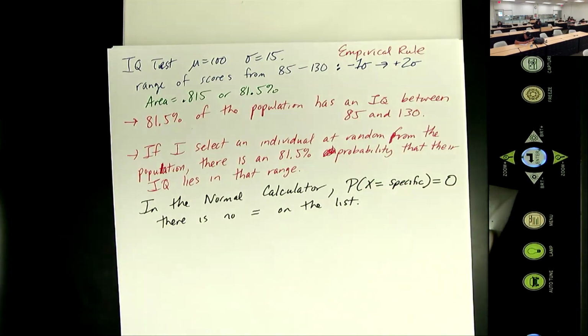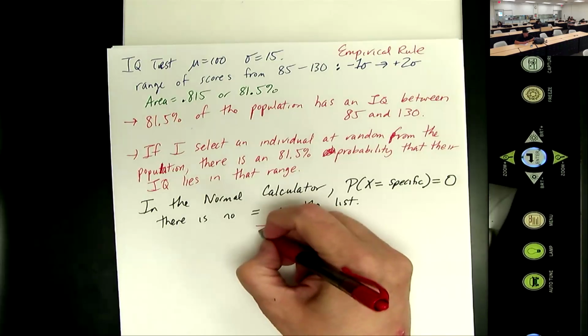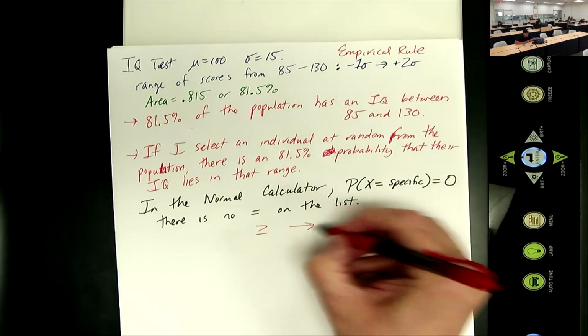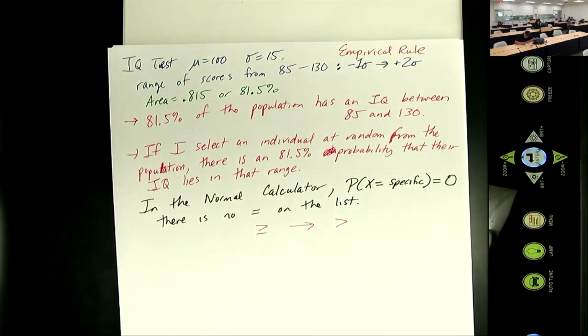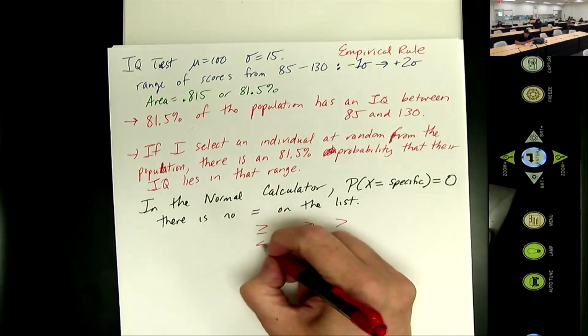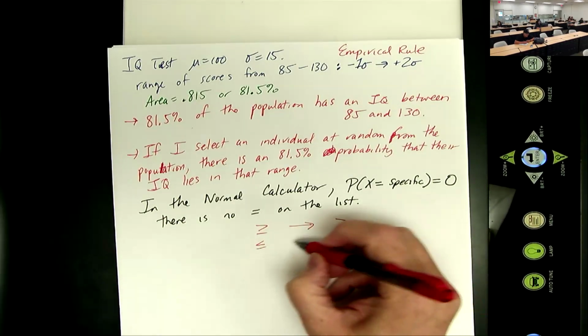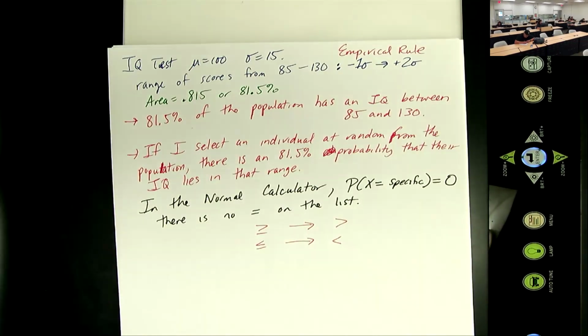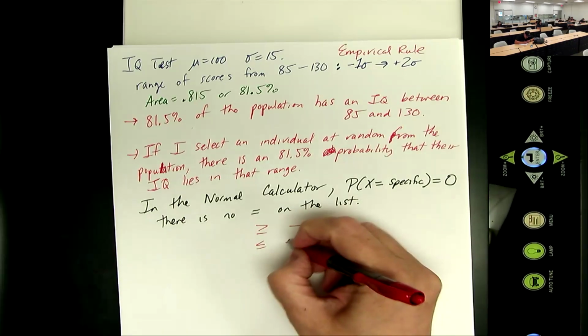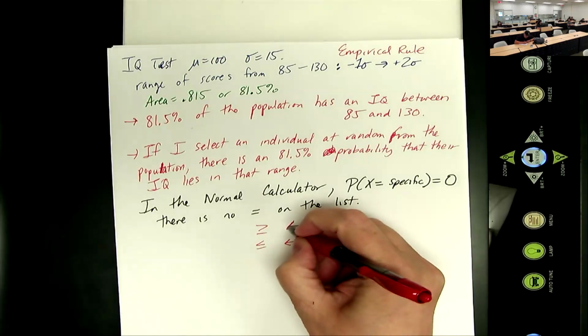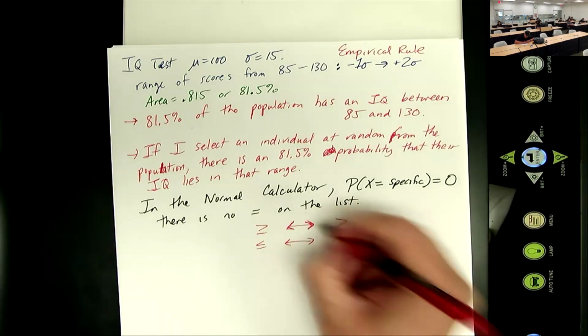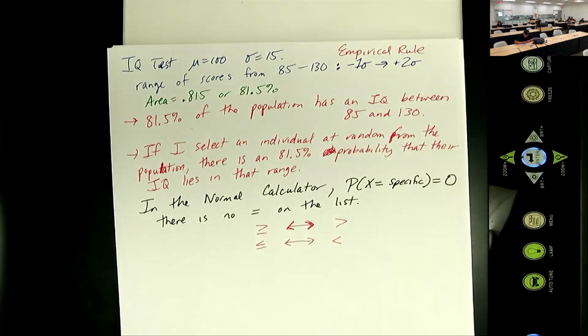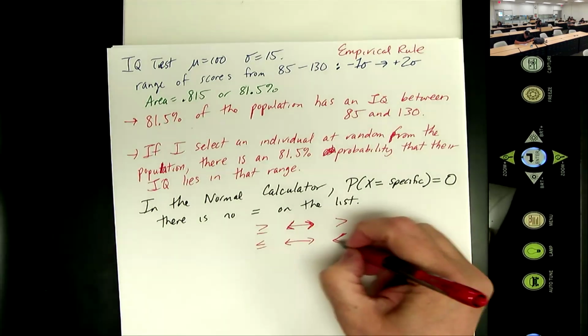Which means if you want to say greater than or equal to, you just have to use greater than. And if you want to use less than or equal to, you use less than. I think they do it the other way around. I actually think they include the equal sign because it adds 0 to it. But these two are going to be equivalent, so whichever one shows up on the list, we'll find out in a second.